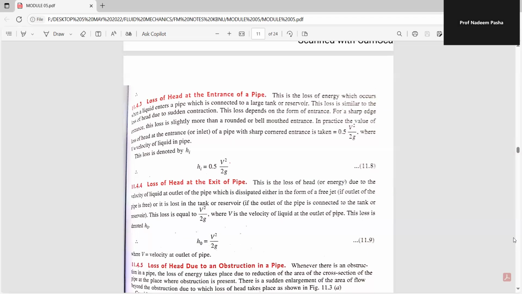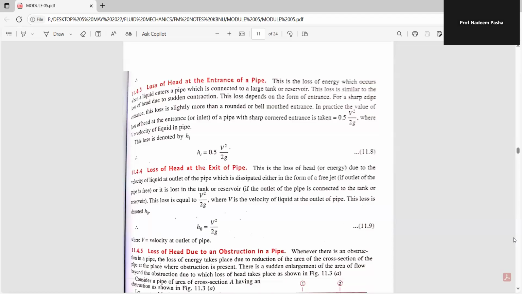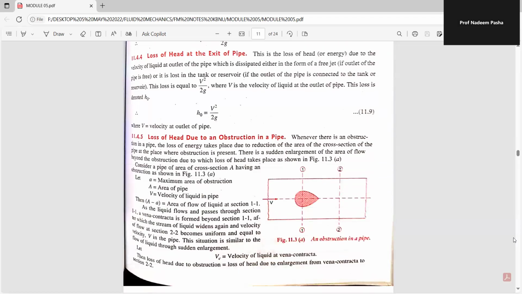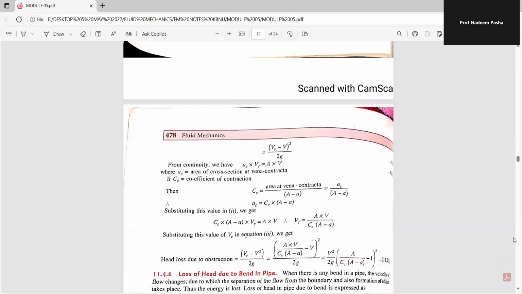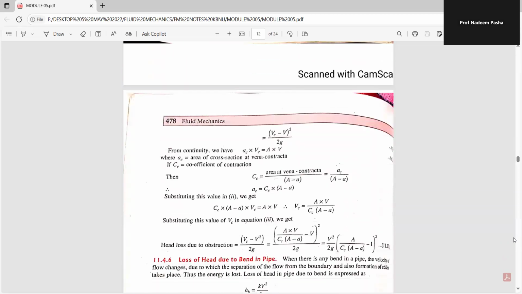Similarly, loss of head due to obstruction in a pipe, how will you calculate? Head loss due to obstruction in a pipe is given by V square by 2g under the bracket, A divided by Cc minus A, minus 1, whole square.